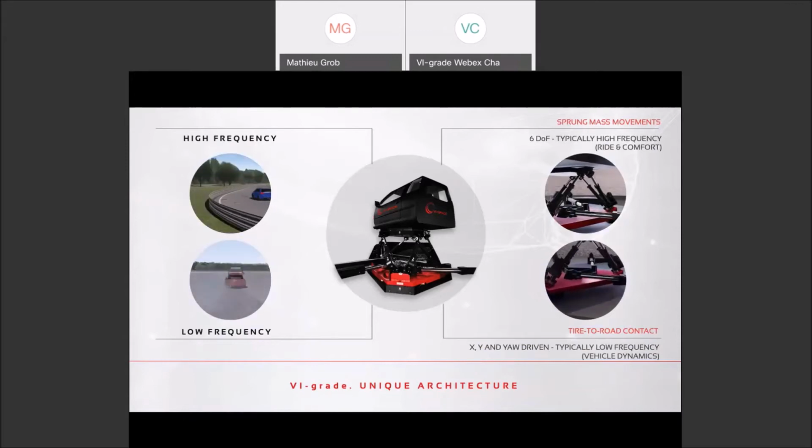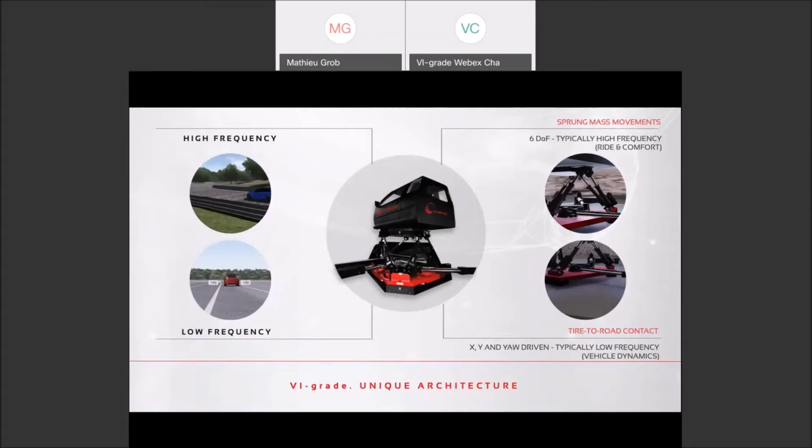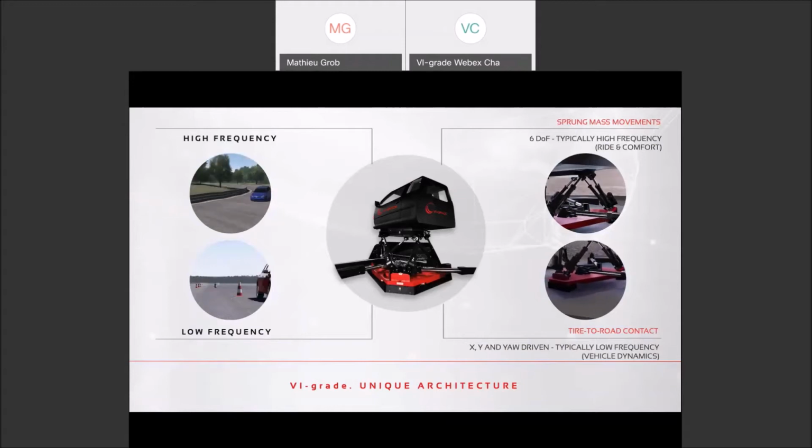So by combining this hybrid and unique architecture, we have a very efficient usage of our workspace because we do not saturate the machine, and we always have the best response in every situation.